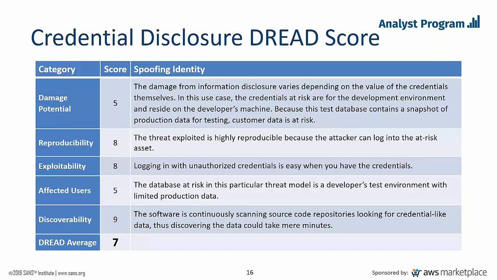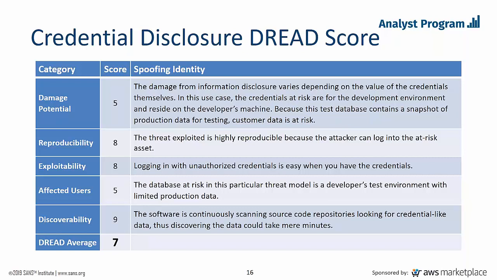Affected users I put is kind of low because it is a test database. If we were to model this threat against a different asset, say the production database, the production system, I think that the affected users would go much higher, right? Maybe all these numbers would go a lot higher.